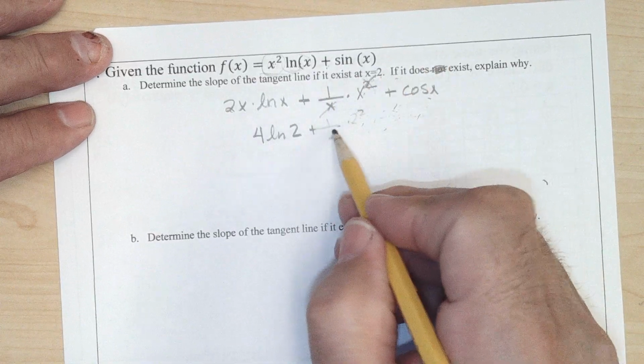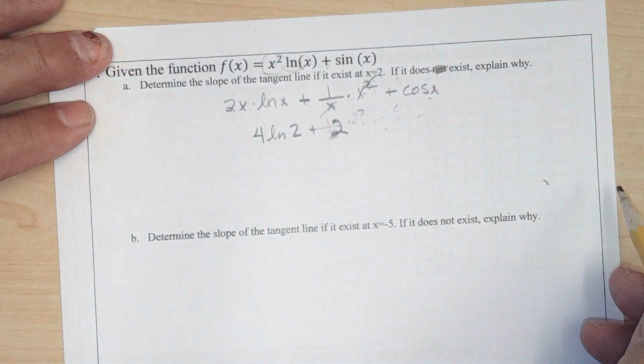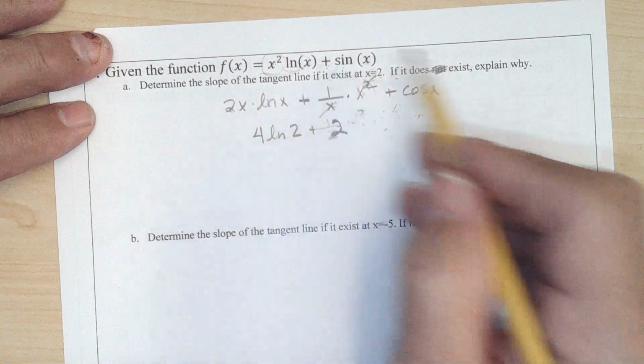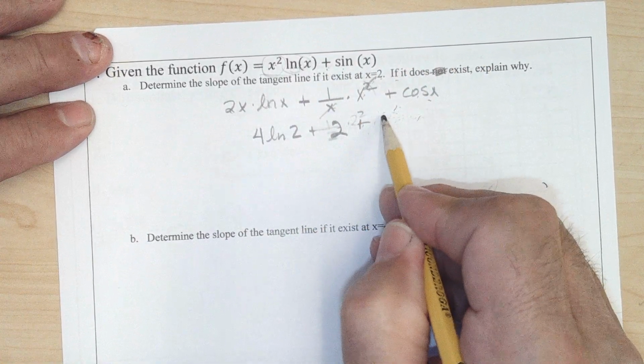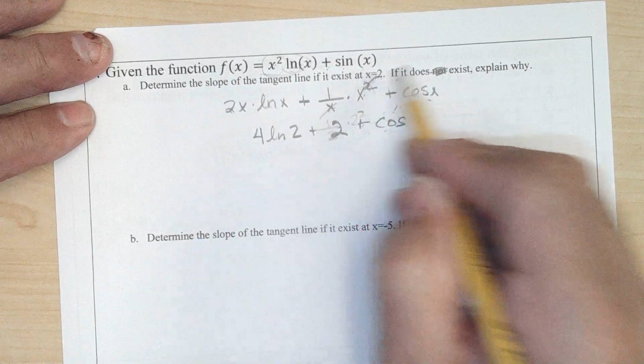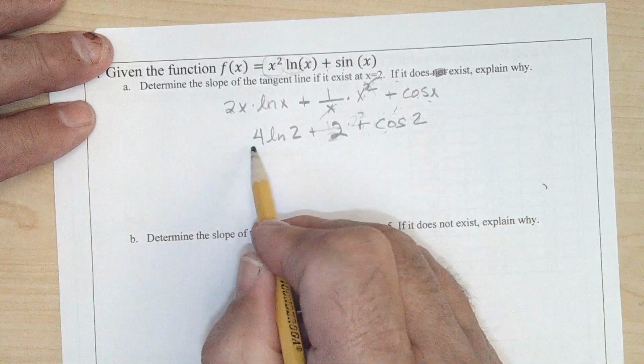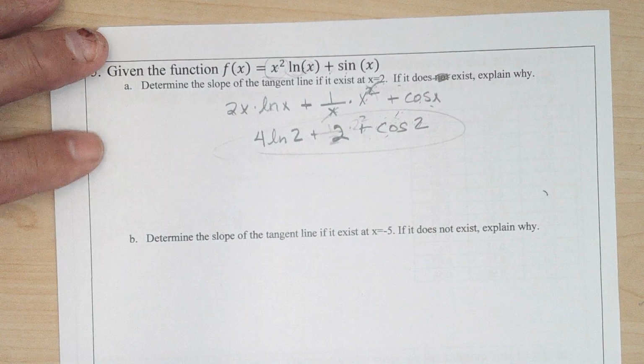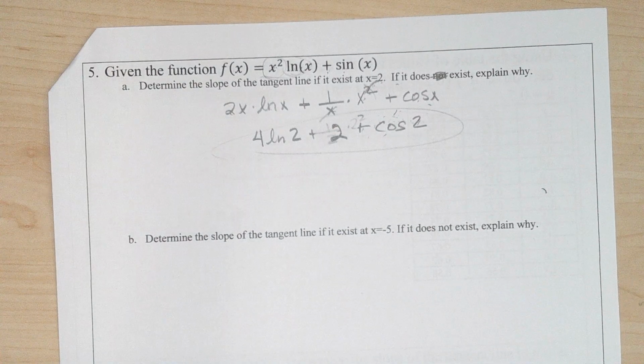It's just x, which is 2. And then we have plus the cosine, and the x is 2.